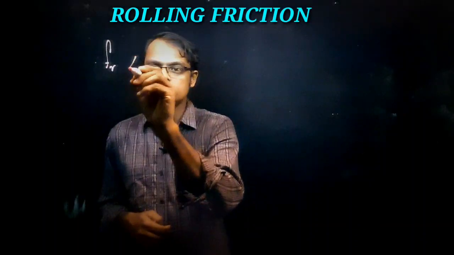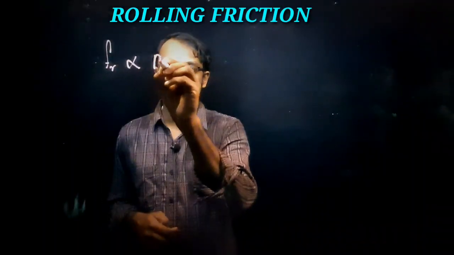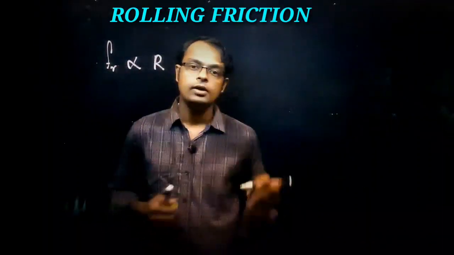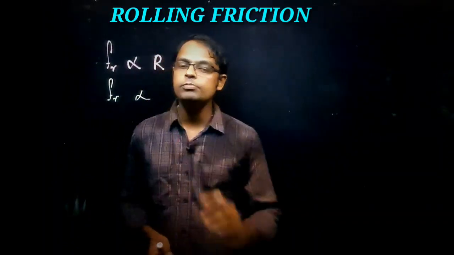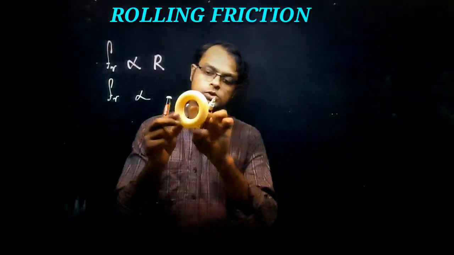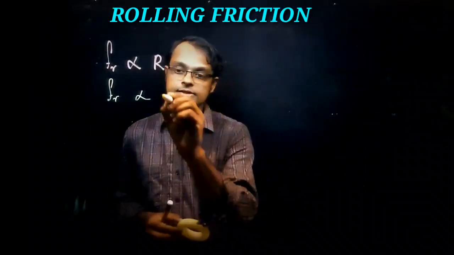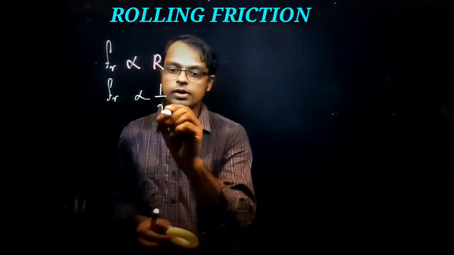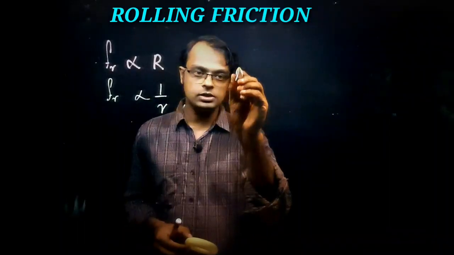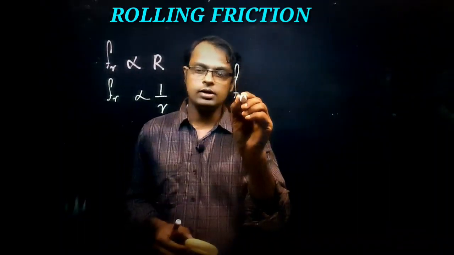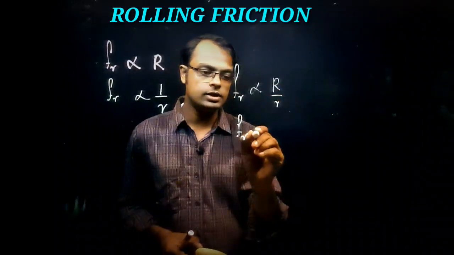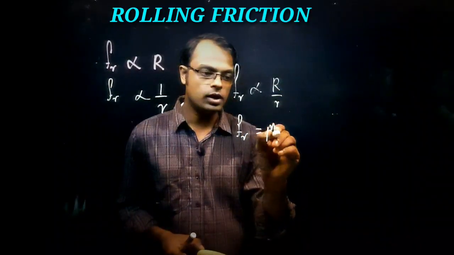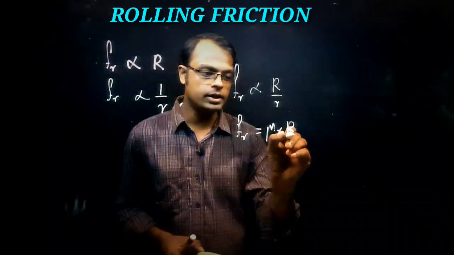Rolling friction is directly proportional to, once again, the normal reaction force. Also, the rolling friction is inversely proportional to the rolling body radius, so 1 by r. We can write this as Fr is equal to mu r into R by r.